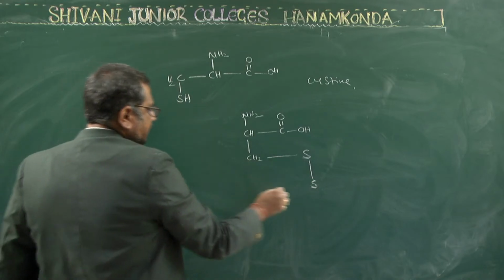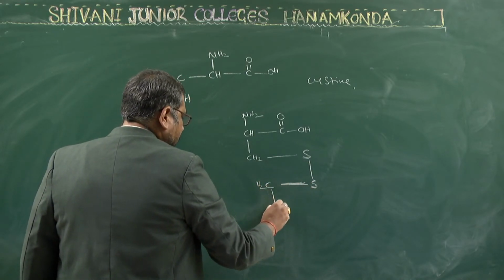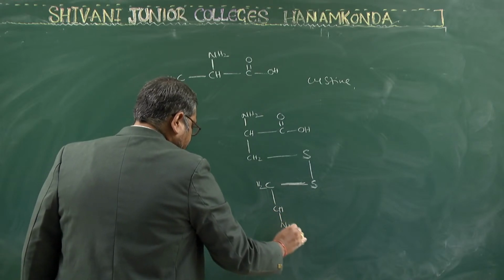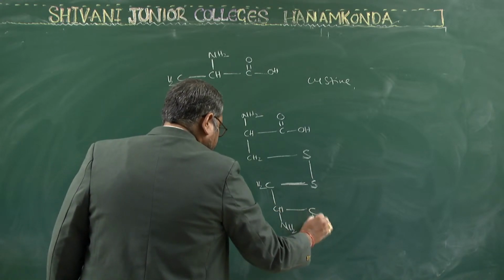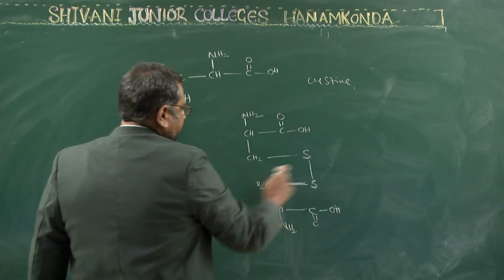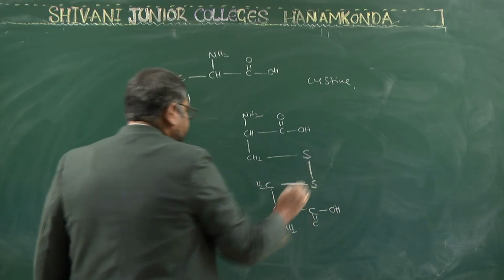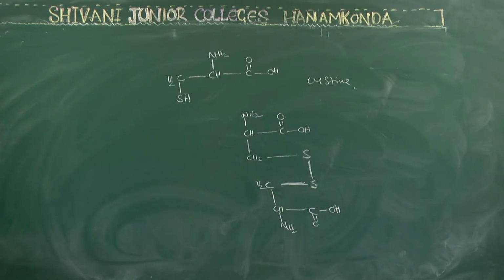You can write again sulfur, here CH2, here CH NH2 C double bond OH. Up to this part is cysteine and this one is another cysteine. These two cysteine units are combining together, that is known as dicysteine. These are the sulfur containing amino acids.